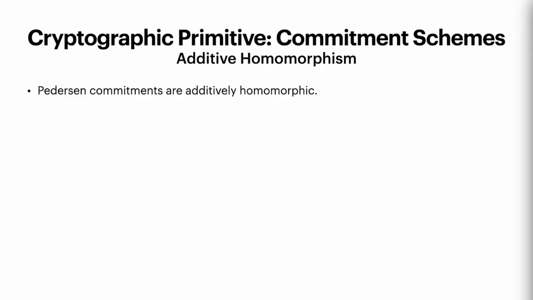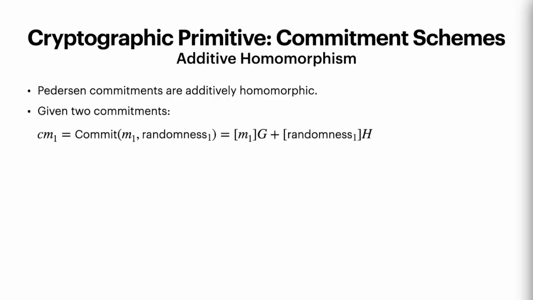We want to show that Pedersen commitments are additively homomorphic, so we're going to take two example commitments to see this property. First, we've got commitment 1, so we just write out the definition of the commit algorithm given our value or message 1 and the first blinding factor, randomness 1, plugging in the equation we saw in the previous slide where we multiply each in turn by points g and h.